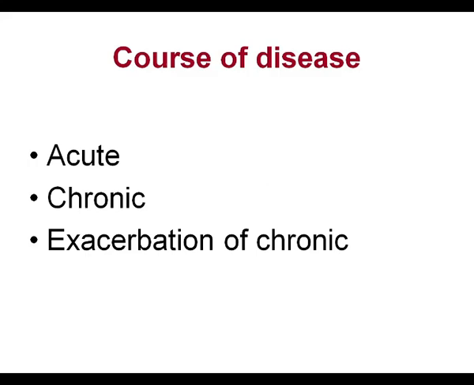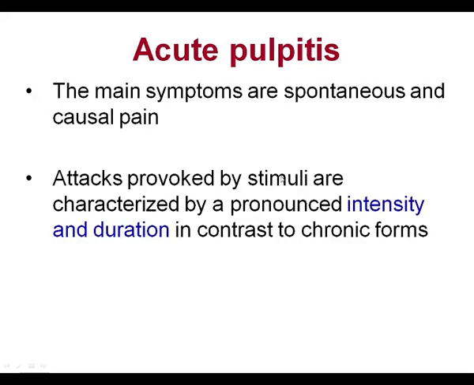And it may be acute, chronic, and exacerbation. Chronic form may become acute, but it will not be acute again, but exacerbation. For acute pulpitis, the main symptoms are spontaneous and causal pain.